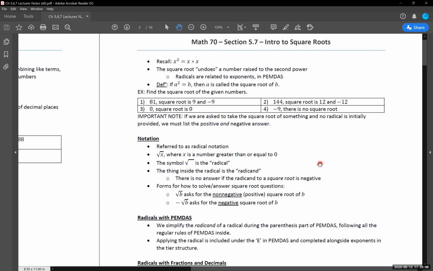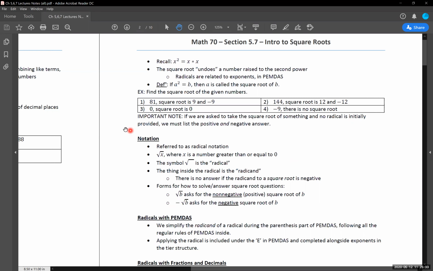If you're familiar with those and you do want to write those out for yourself, just be aware that I can't remember if WAMAP is set up to accept i in the final answers for these or not. So just be aware of that. But in terms of actually calculating this out, what's the square root of -9? There is none. There's no square root of a negative number.